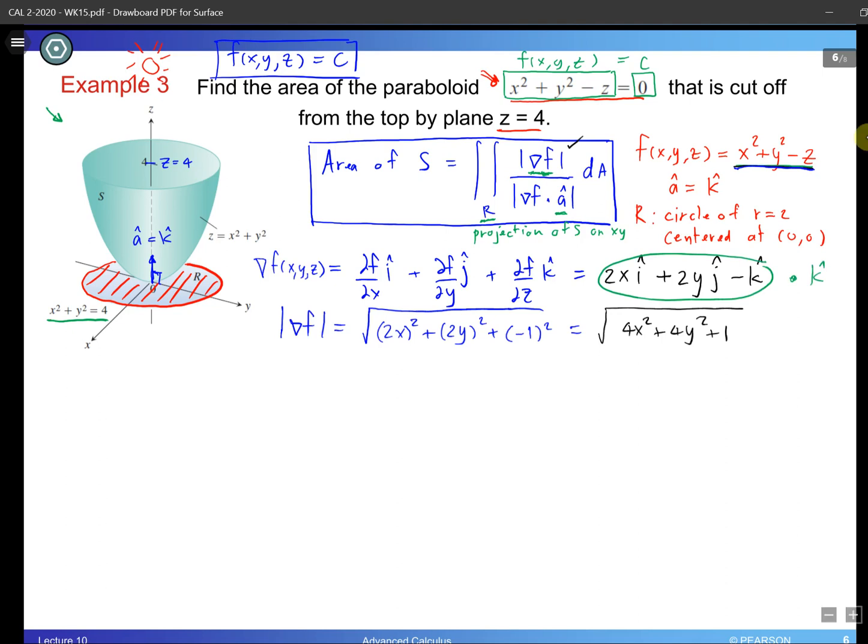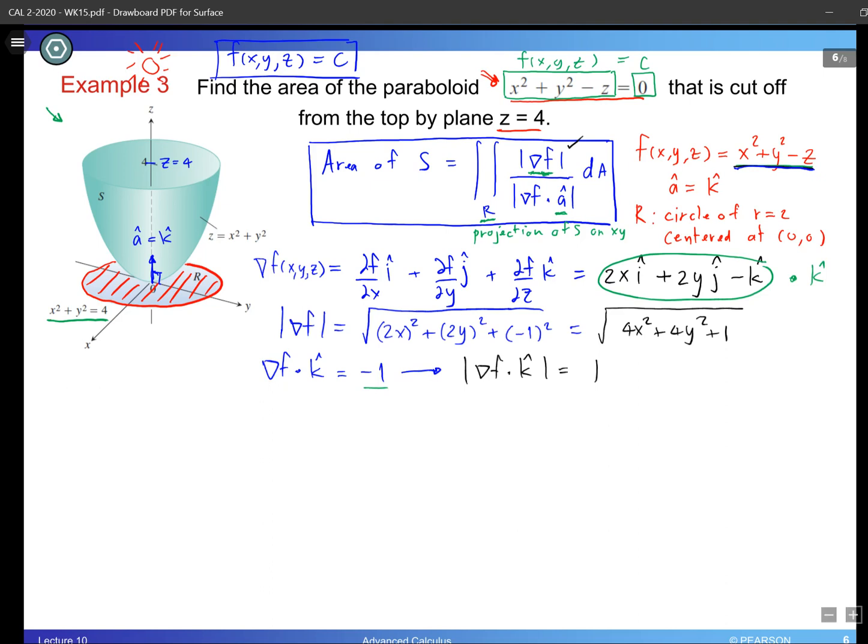So the gradient of f dot k hat is equal to minus 1. But in the end, the absolute value of gradient of f dot k hat is going to be just 1. We had this minus before, and the absolute value of that is just 1. So we got all these terms. Let's put everything into the formula.